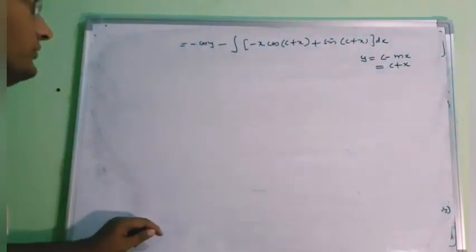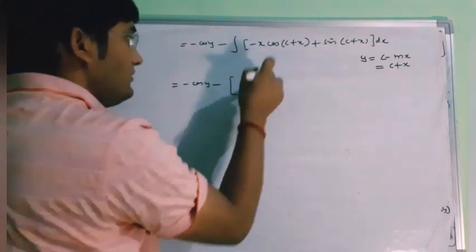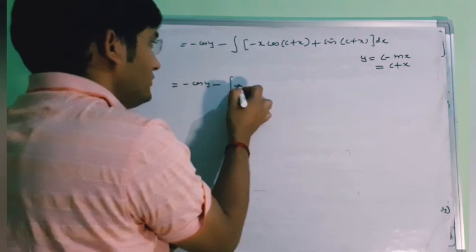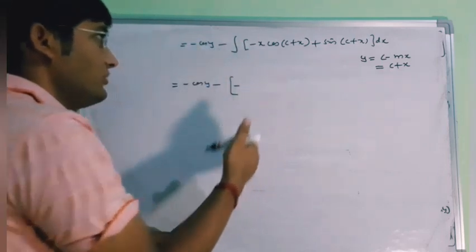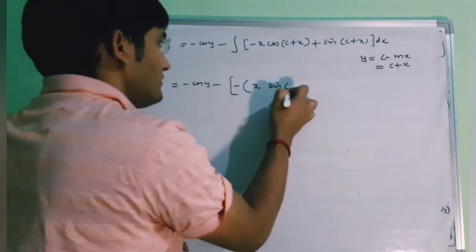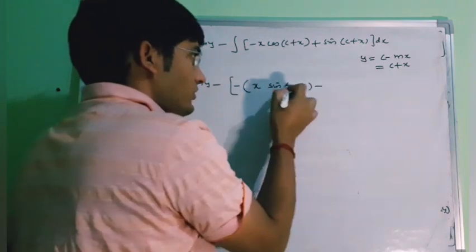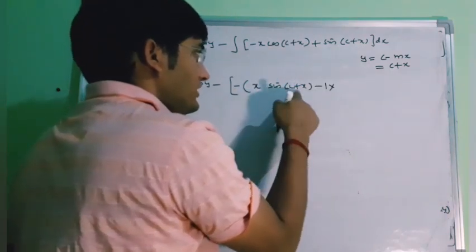So this is equal to minus cos y, and then here we can use the Leibniz rule, or we can use the Bernoulli rule of integration. So this is your x, integration of cos will be your sin x plus c plus x, then we will have minus sign, differentiation of x will be 1, so this is 1, and the integration of sin will be minus cos.